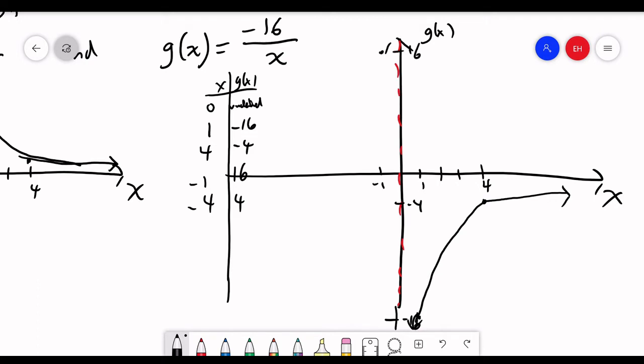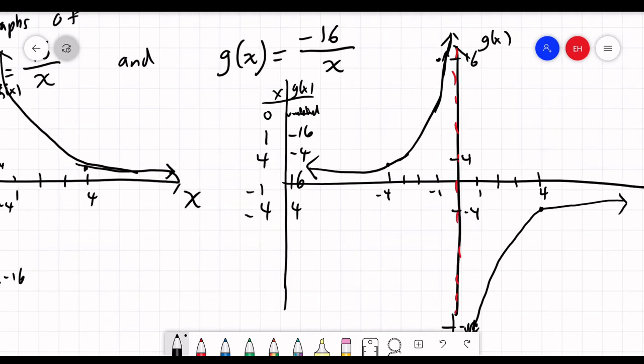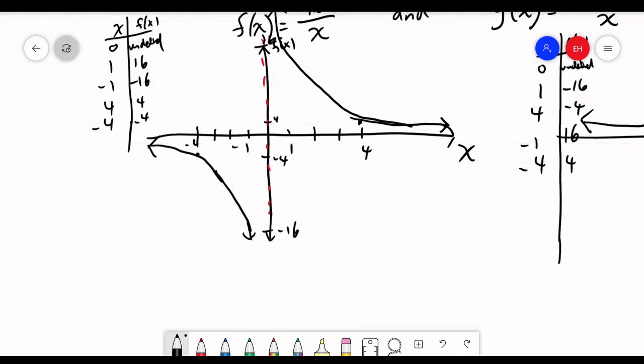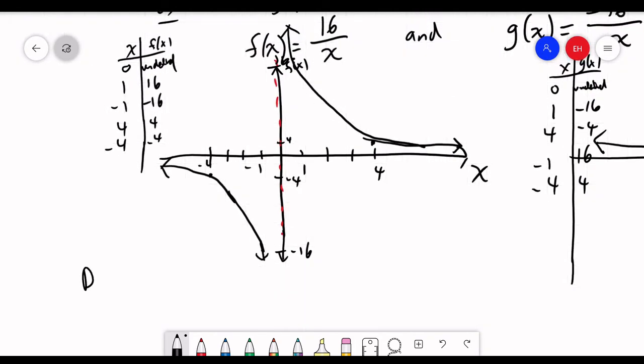Okay, then let's get the other side of the graph with the negative inputs. If I put in negative 1, I get 16 out. And if I put in negative 4, I get 4 out. And then I'll connect those and then run alongside the vertical asymptote there. And that is basically the sketch of the graph. I know it's not that beautiful, but hey, I tried.